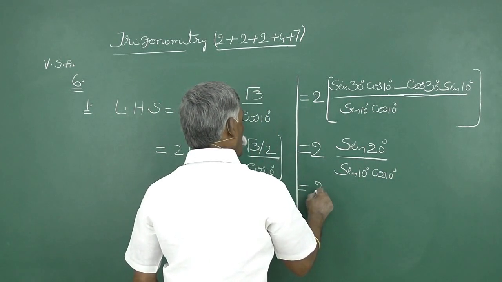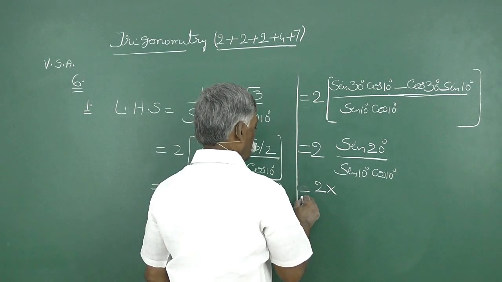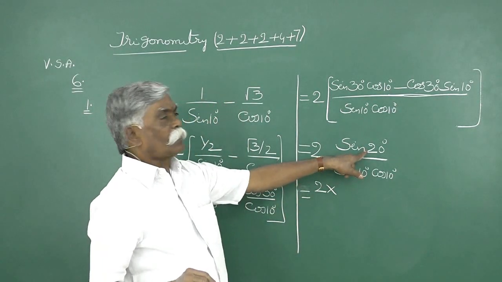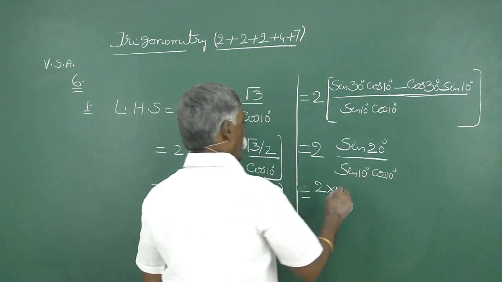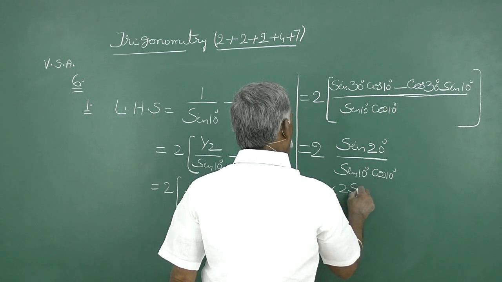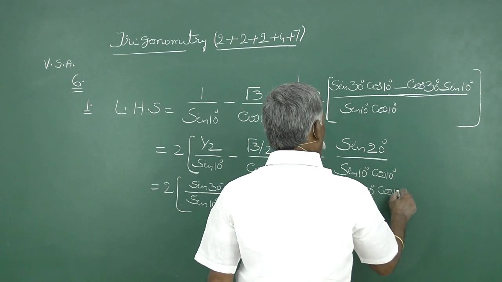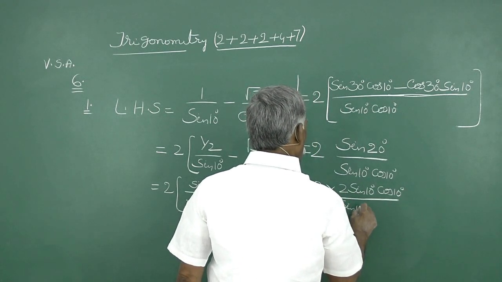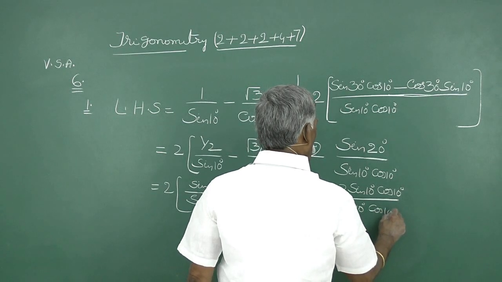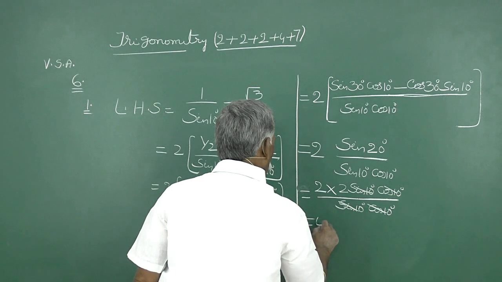And this is equal to 2 into sin 20 degrees, which can be written as 2 sin 10 into cos 10, whole by sin 10 degrees into cos 10 degrees. These two get cancelled and the answer is 4.